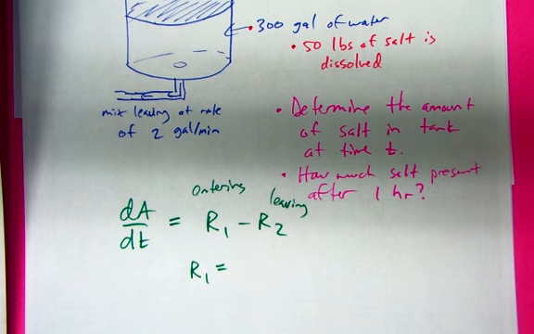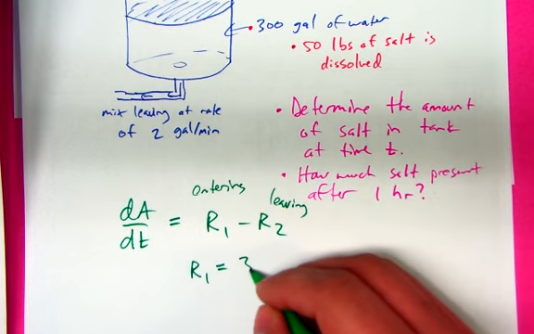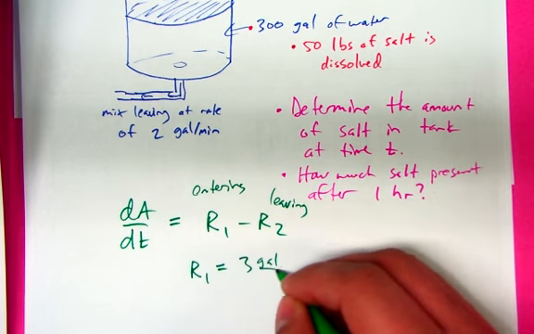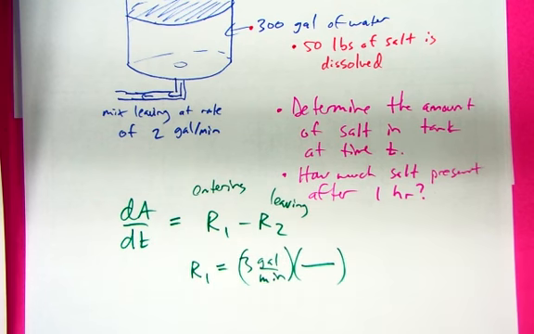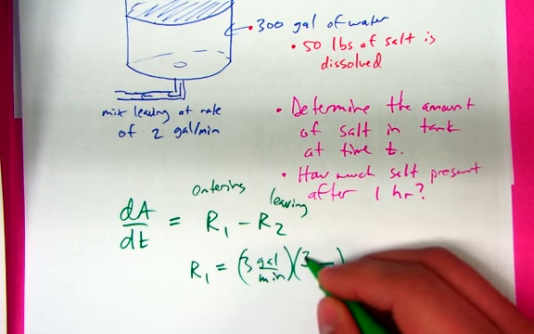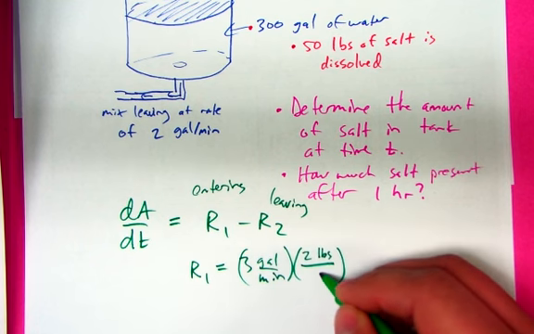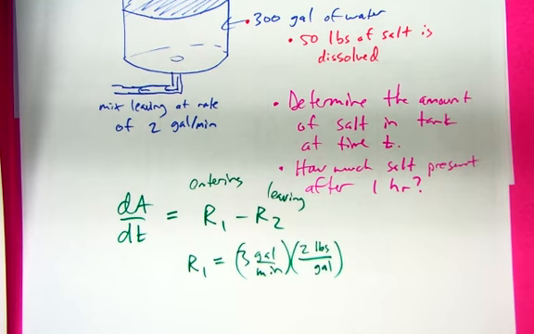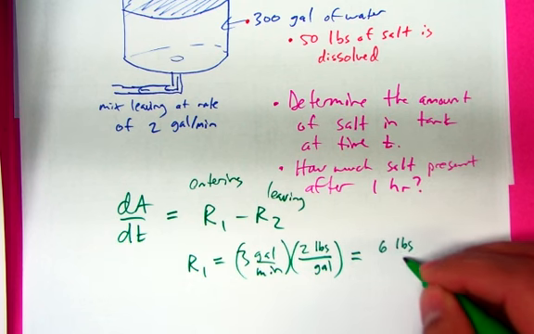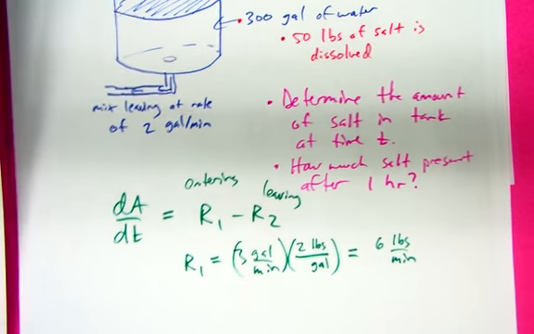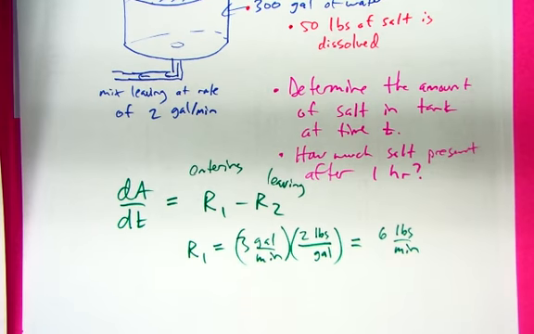And the concentration was 2 pounds per gallon. If I multiply, this gives me the rate of salt coming in, yes? Which is 6 pounds per minute. Let's look at rate 2.